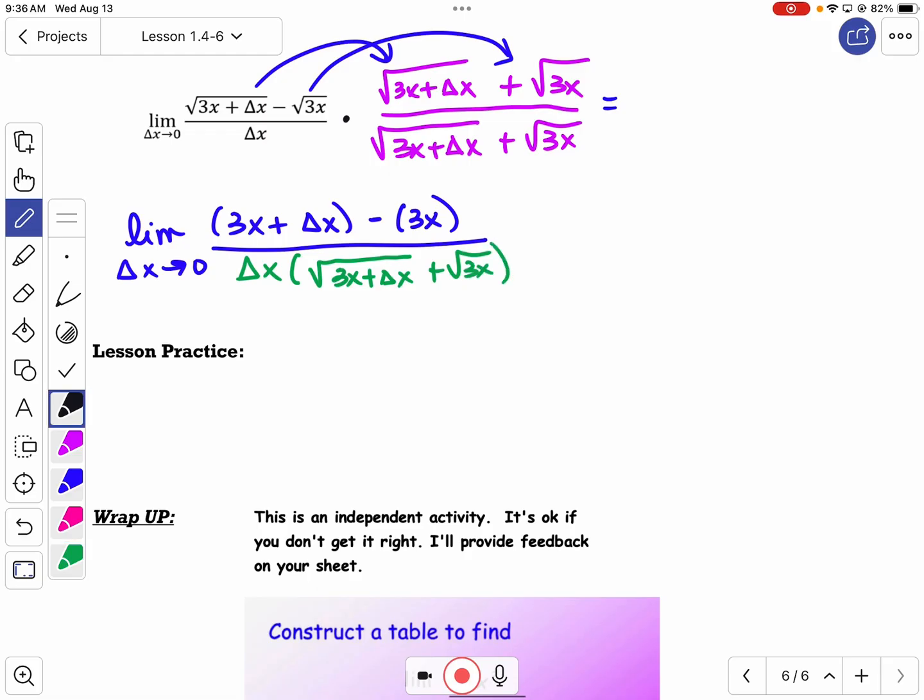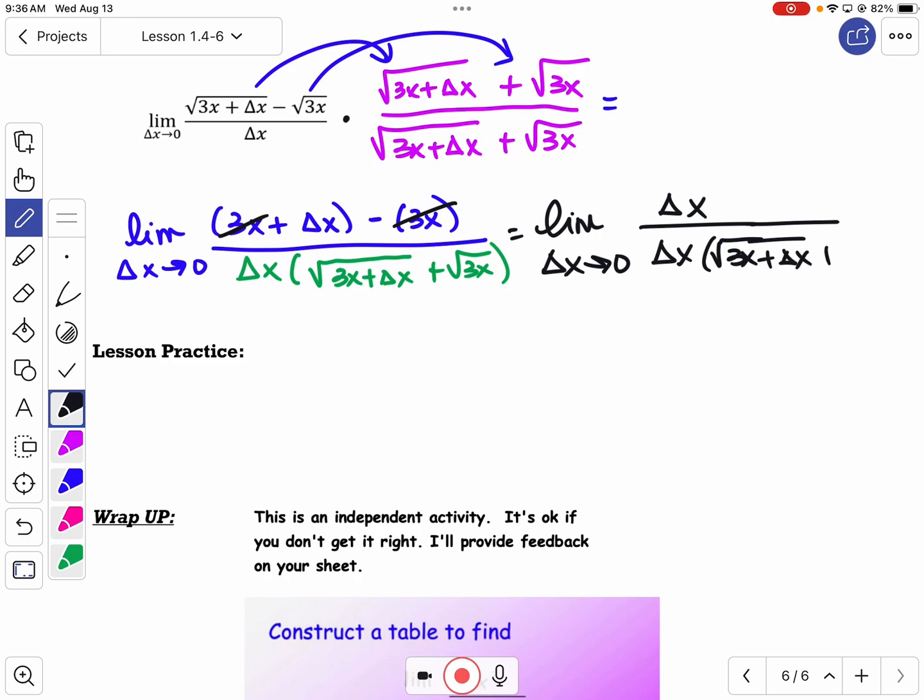Okay. Looking at that numerator now, what's going away? The 3x's, yep. So it's going to leave me the limit as delta x approaches 0 of delta x over delta x times the square root of 3x plus delta x plus the square root of 3x.